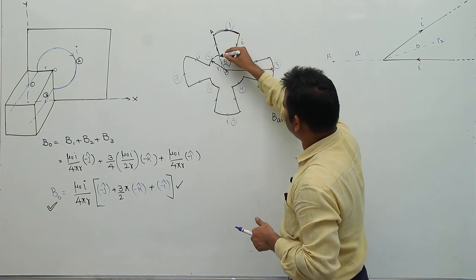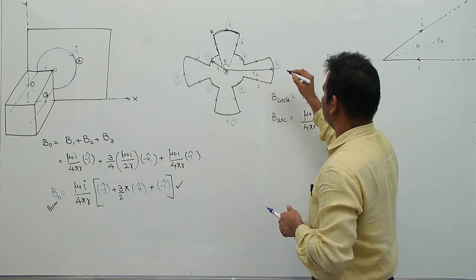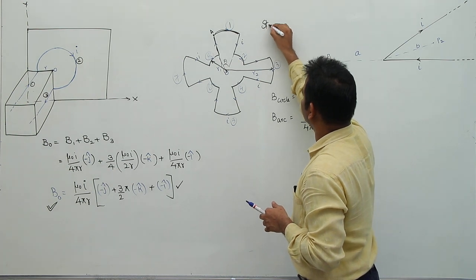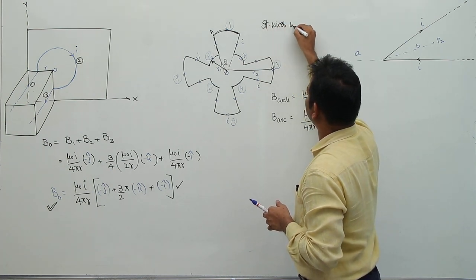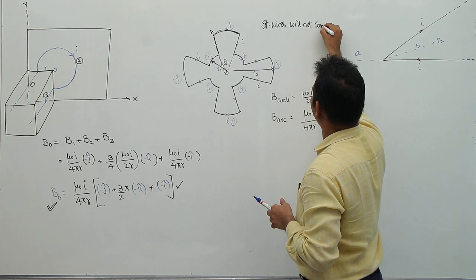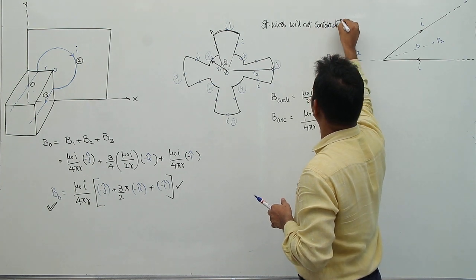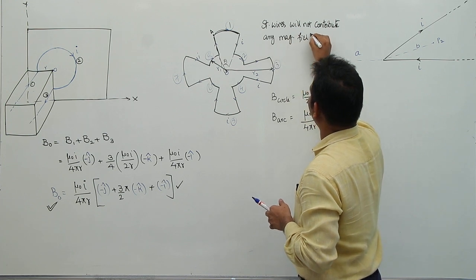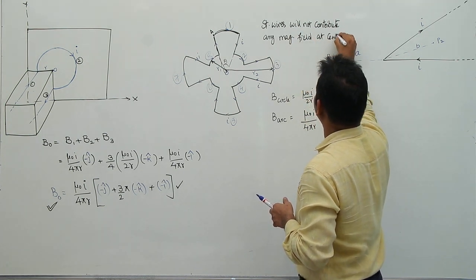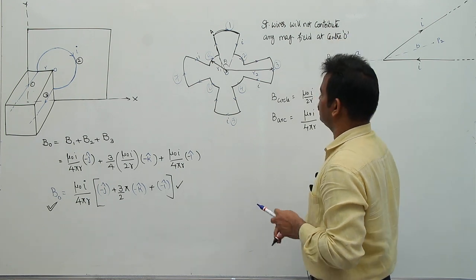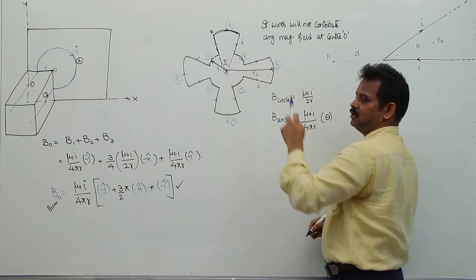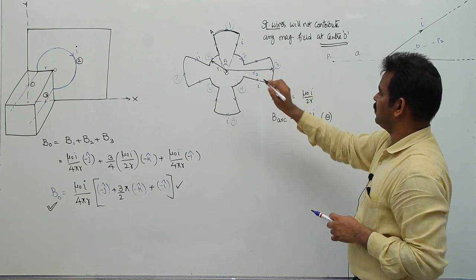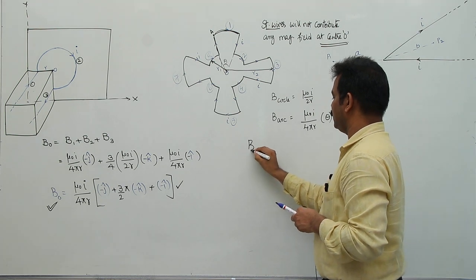The point O lies on the axis of these straight wires, so straight wires will not contribute any magnetic field at center O. I am not mentioning that one, but the magnetic field due to straight wires in this diagram will be 0.